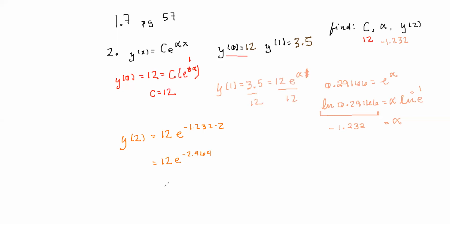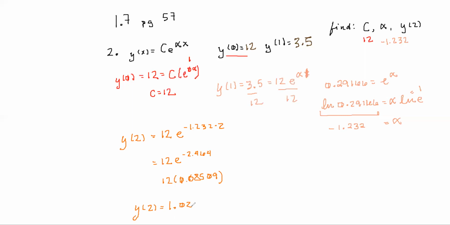And we can go ahead and figure out exactly what this is going to be, because why not? So that is e to the negative 2.464. This is 12 times 0.08509, or y of 2 is equal to 1.02.